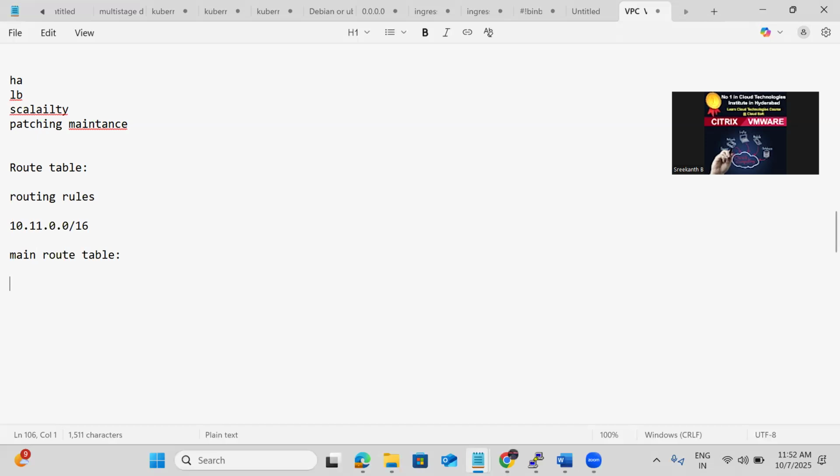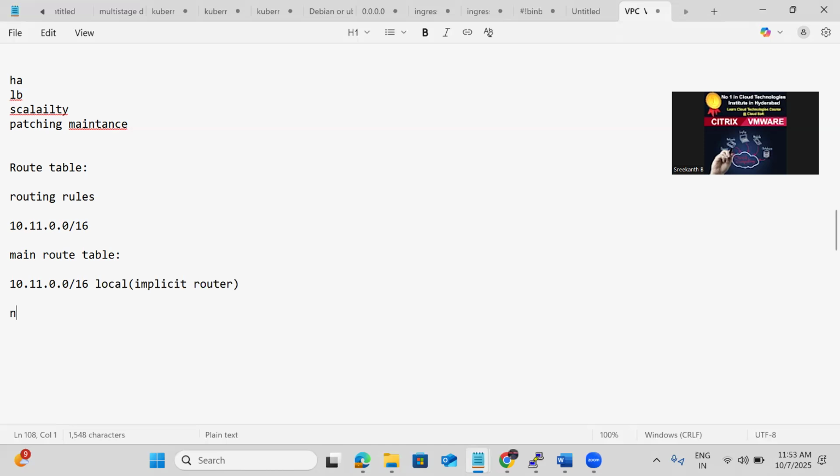The default rule is 10.11.0.0, which is the VPC CIDR we have given, with a local router. This is an implicit router that AWS itself provides. With 10.11.0.0/16, any IP can communicate with any other IP within the VPC.